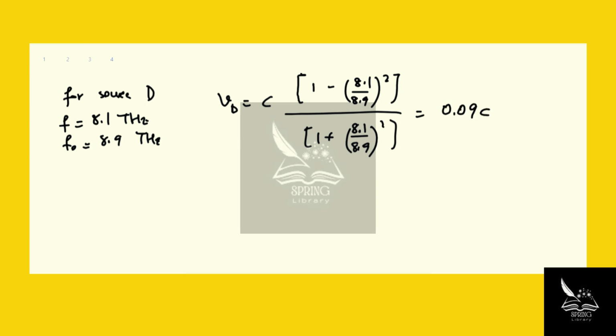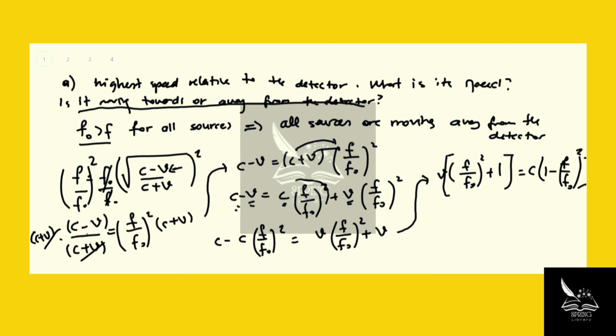Now, let's do a recap. V_A was 0.25 c. V_B was found to be 0.43 c. V_C was found to be 0.25 c, and V_D is 0.09 c. We have found the answers to parts A and B, by the way. Remember what was asked in part A: the highest speed relative to the detector.